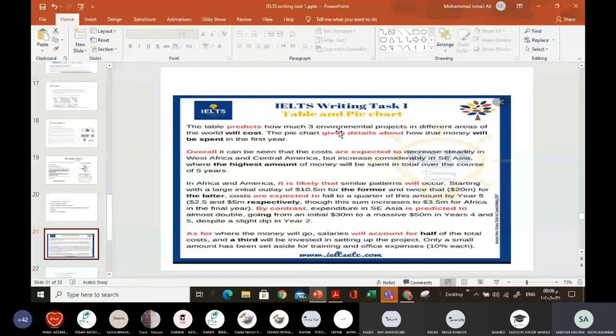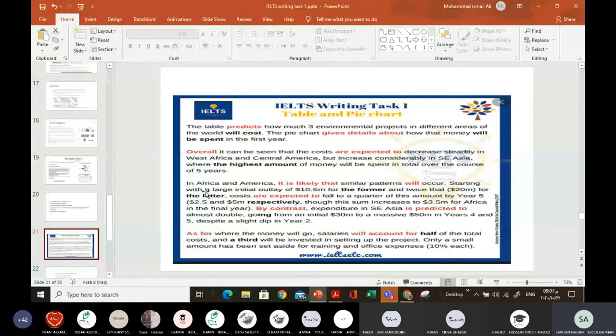Overall, I start the body paragraph number 1 with overall. Look here, are expected to. Are expected to, used in the passive voice. Will be spent, passive voice but in the future.